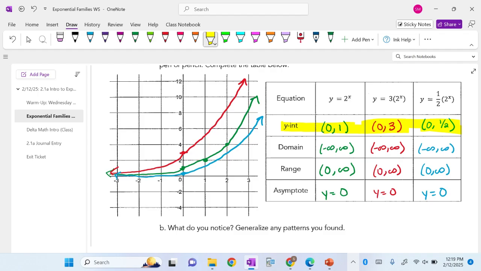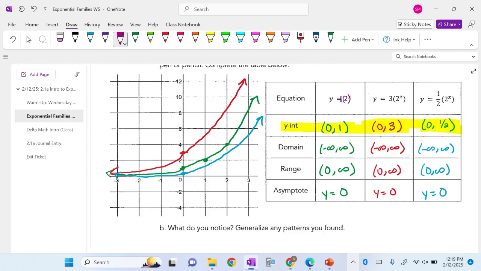What is going on with our equations up at top to make those y-intercepts different? What consistencies do you notice? It's the number outside the parentheses. Because if we think about it, for this 2, what number would technically be outside the parentheses of that 2? 1, because 1 times anything is itself.